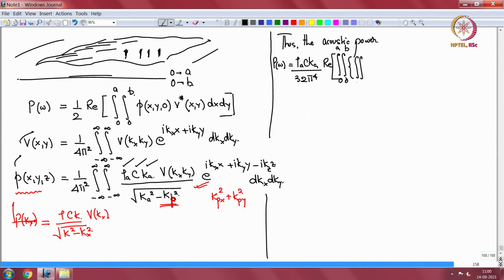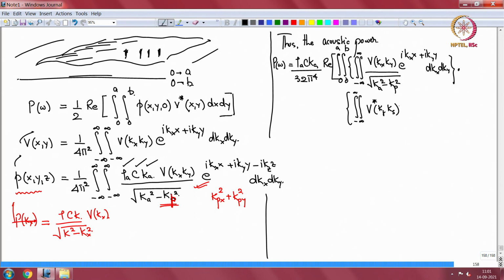integral, I'll shorten my notation, both minus infinity to infinity, V of kx comma ky by square root of Ka square minus kp square, e to the power I kx x plus I ky y, dkx dky, into the double integral minus infinity to infinity of V conjugate kr ks, e to the power minus I kr x minus I ks y.